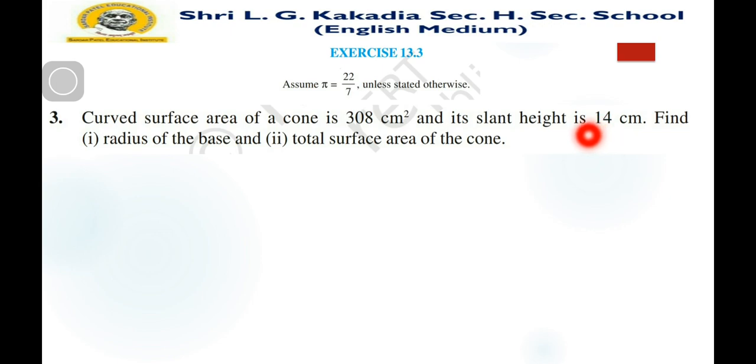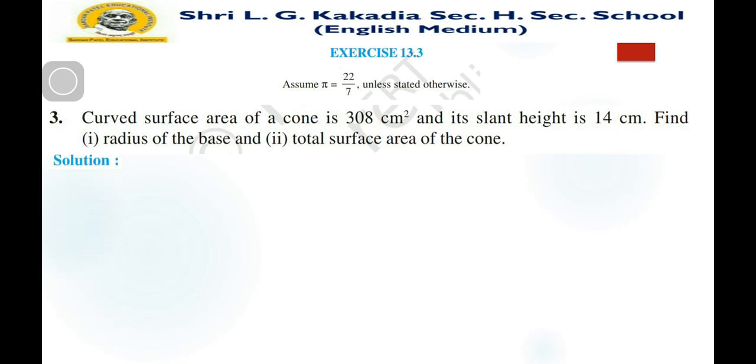Now we know the formula for a right circular cone is pi RL. We know the value of pi is 22/7 as it is not stated otherwise, and the value of L, slant height, is also given. So we can find R from the formula of the right circular cone.